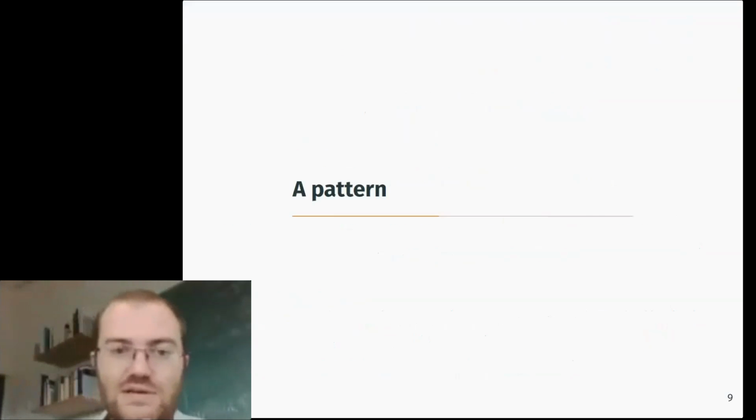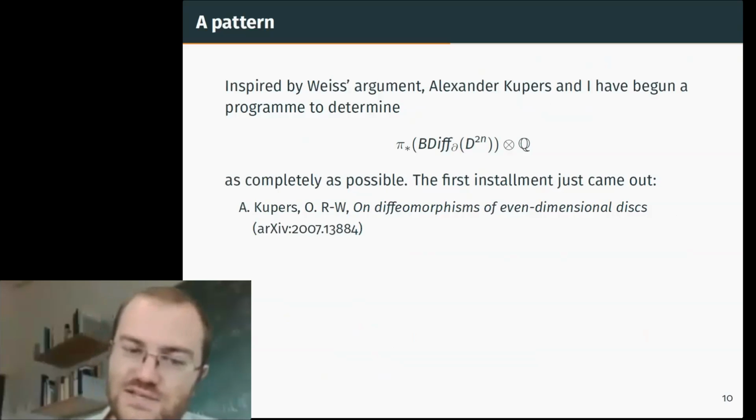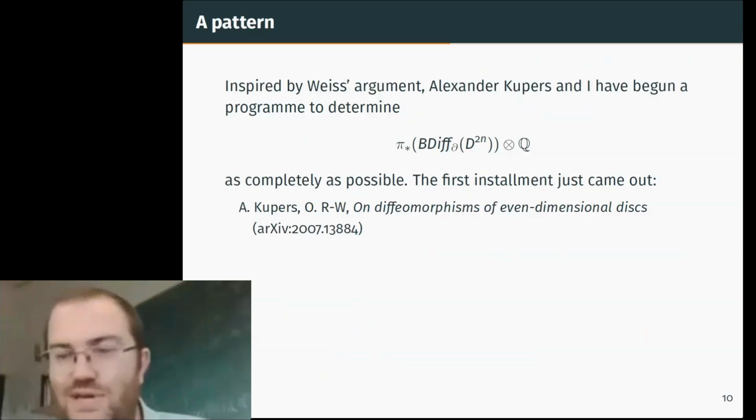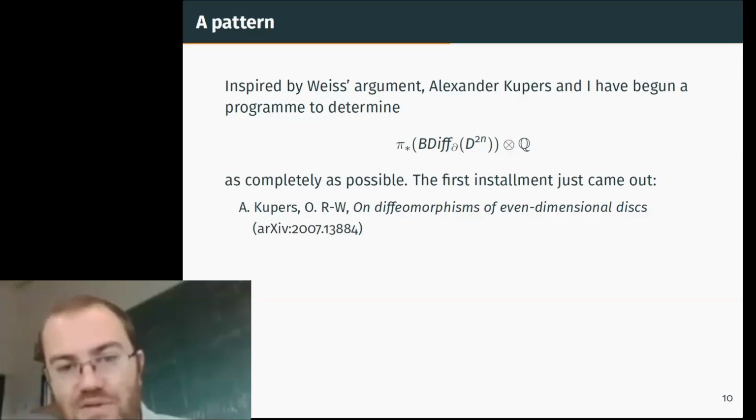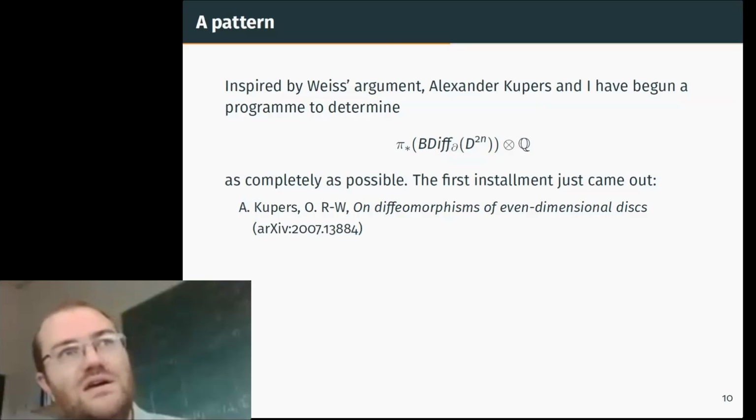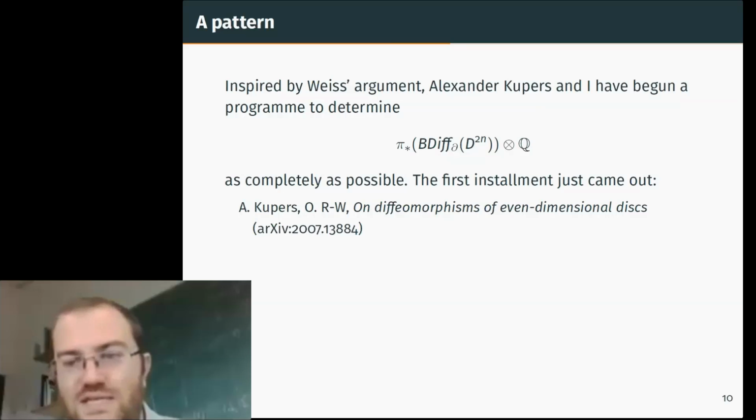Based on this, Alexander Kupers and I decided that we would try to calculate outright as much as possible about these homotopy groups, inspired very deeply by the arguments of Michael Weiss. Michael Weiss's argument is somehow, in a sense, qualitative. He doesn't try to determine what the homotopy groups are.